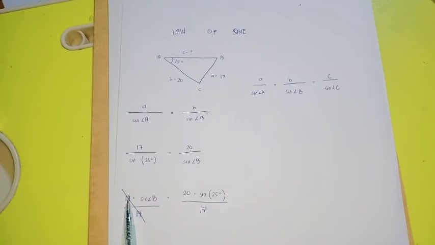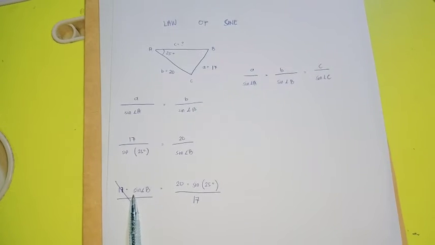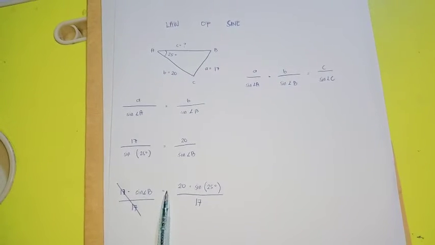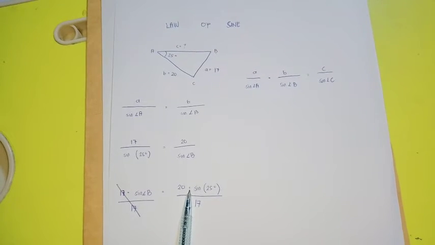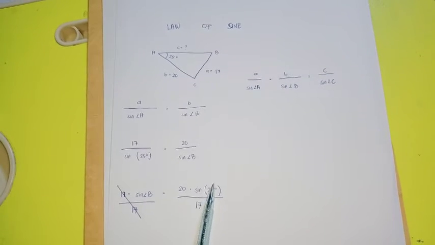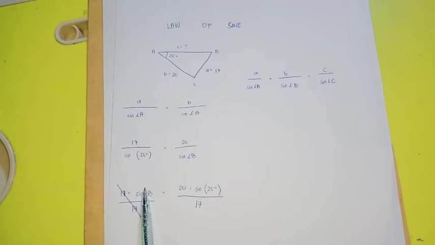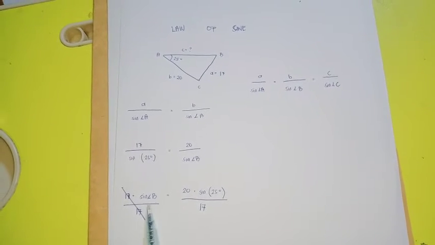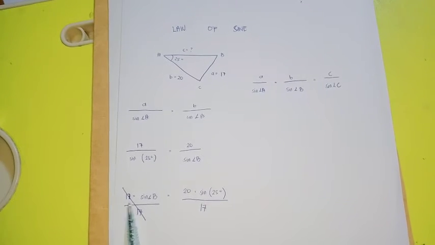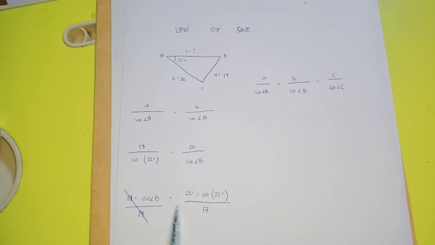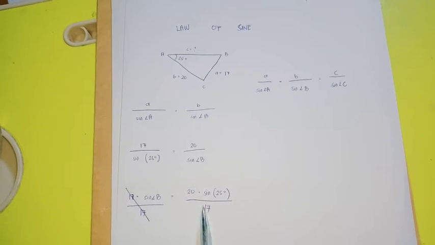So this will become 17 times sin B is equal to 20 times sin 25 degrees. Since we're going to find this, we will cancel out the 17 by dividing both sides by 17.